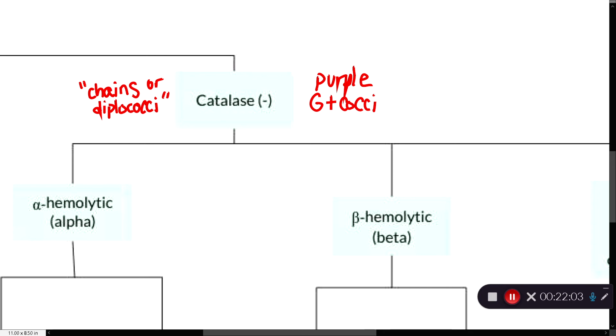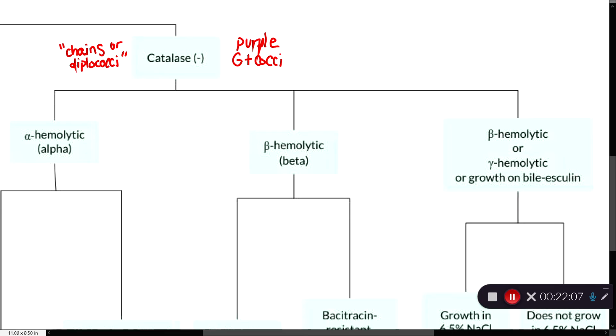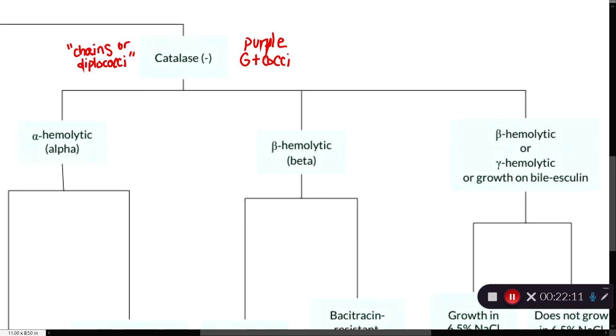So these, as you can see, are pretty much split into 3 main groups. Let's zoom in a little bit more. And so these are mainly going to be easily separated by the hemolysis pattern.